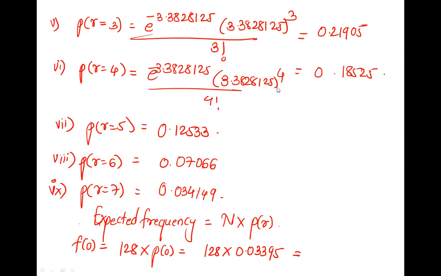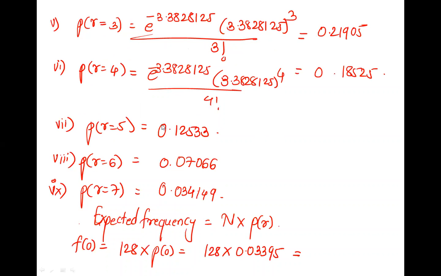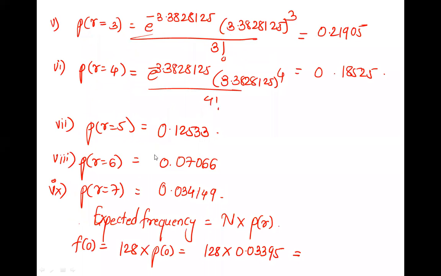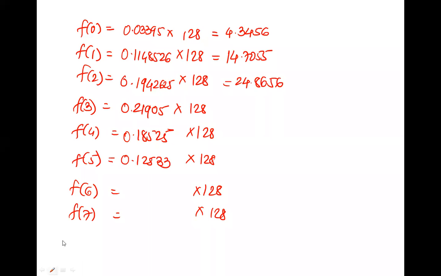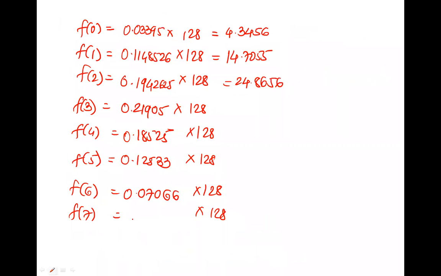Okay, I have written 0.21905, 0.18525, 0.12533, 0.07066 and 0.034149. Okay, now tell me.